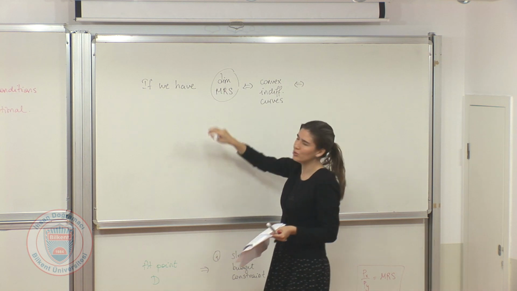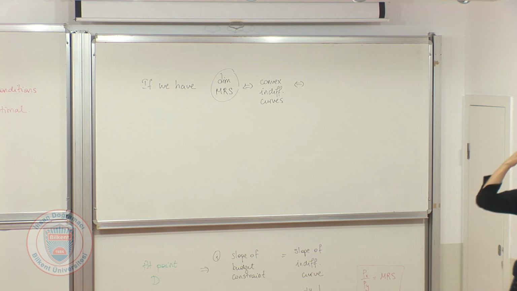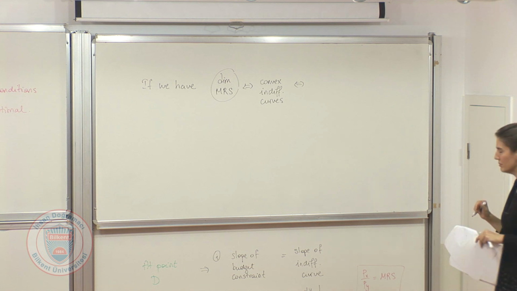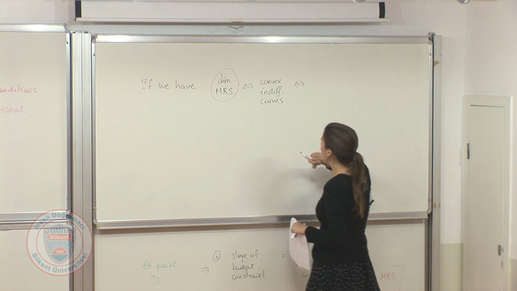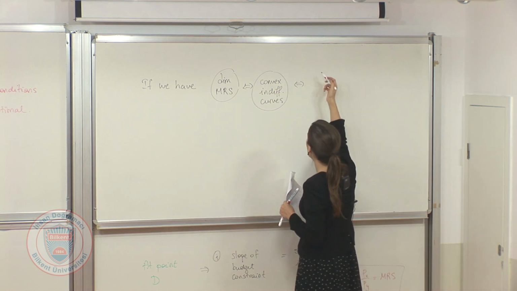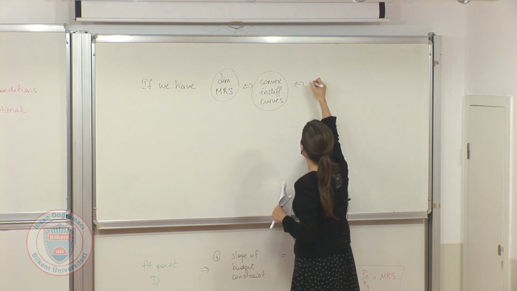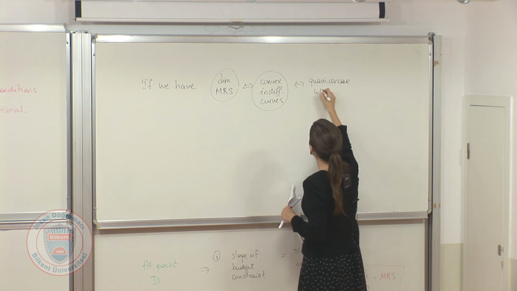It depends how you define diminishing. If you define diminishing as a strict sort of monotonicity condition, then you should say strict. But if you define diminishing as non-increasing, then it will also include the case of constant marginal rate of substitution as well. But don't worry about that. So convex indifference curves, and remember, or we said quasi-concave, concave utility function.